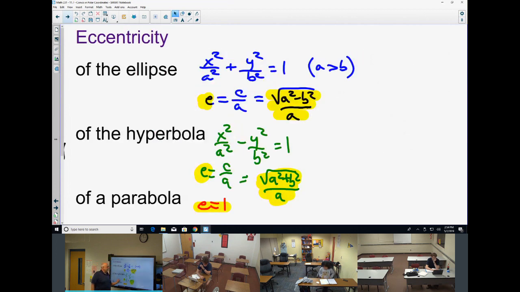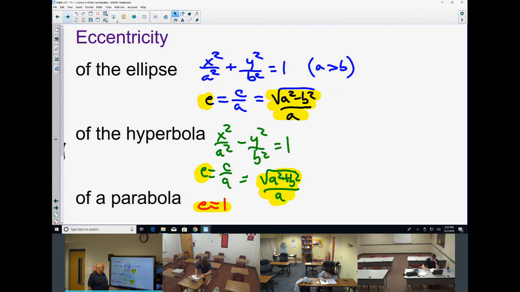Okay, so in the ellipse, it's still c divided by a. To get the c, it's the square root of a squared minus b squared. In the hyperbola, to get the c, it's the square root of a squared plus b squared.